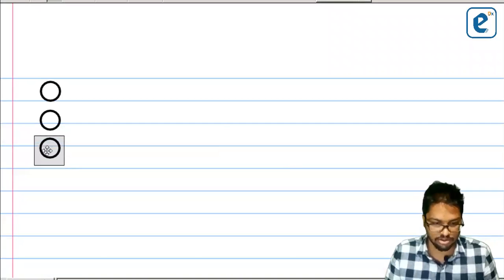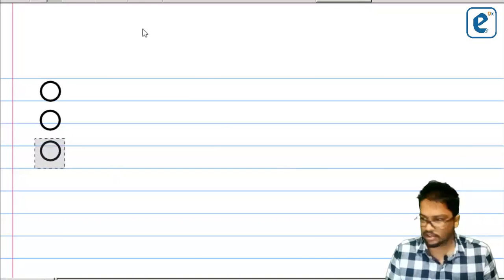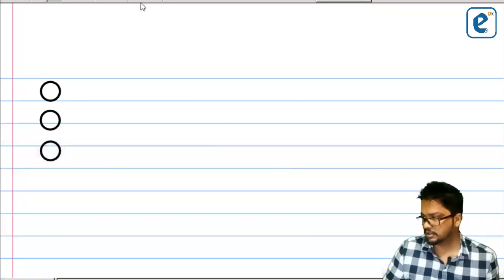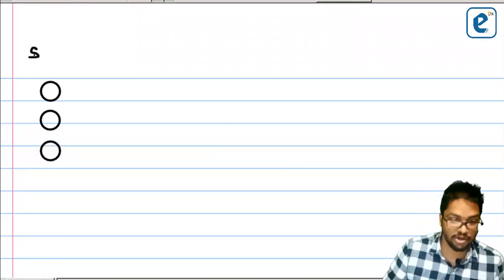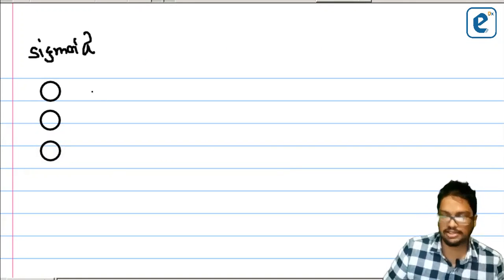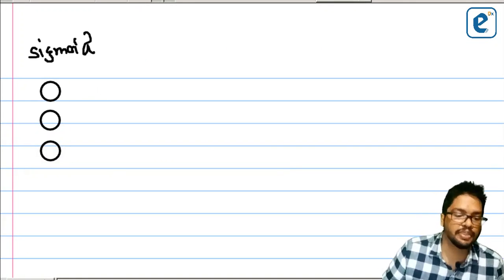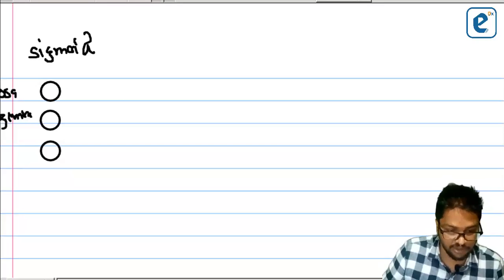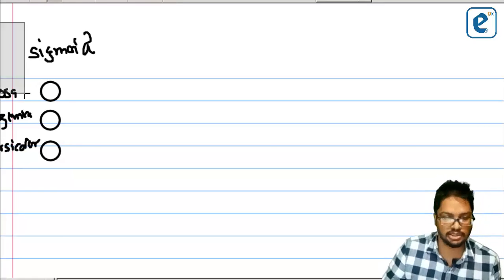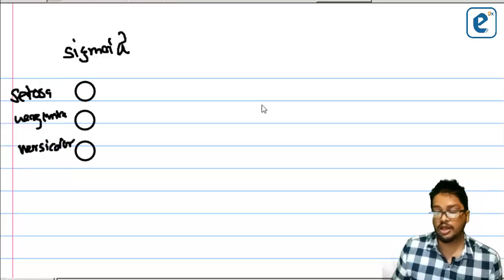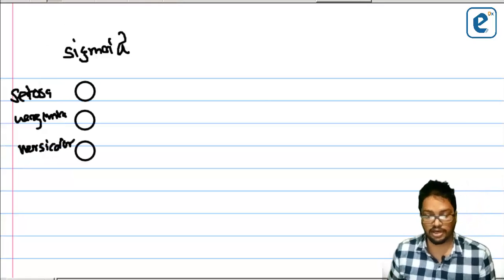So 3 neurons. Now let's assume we assign a sigmoid activation here. This is the neuron for setosa, and I'm talking about the last layer, virginica and versicolor, if you are going to develop a neural network for the iris flower example.